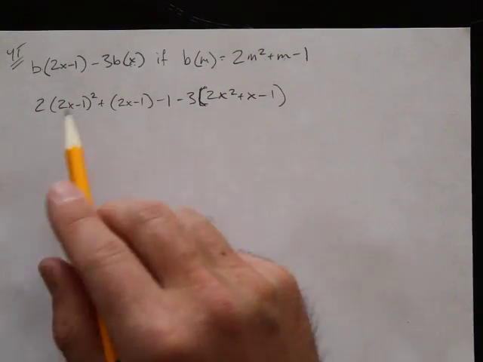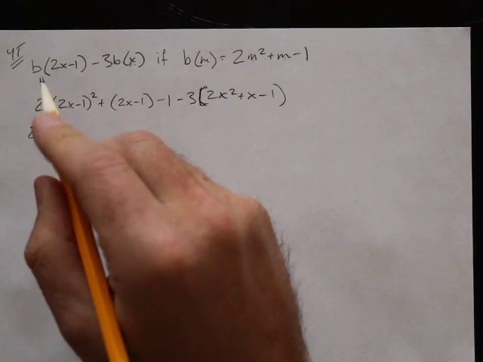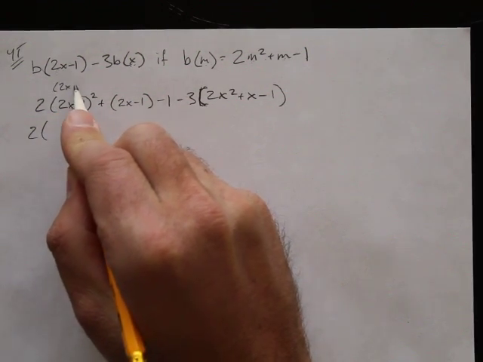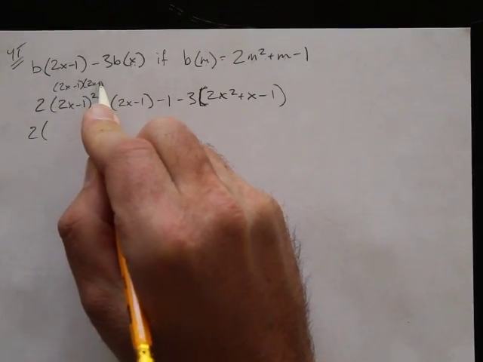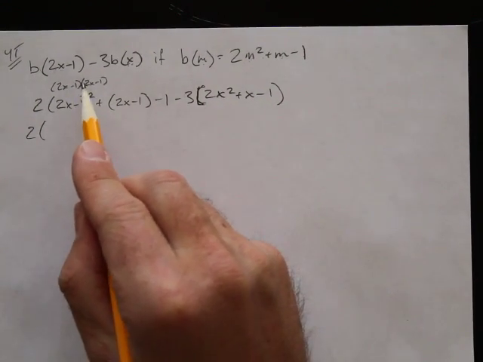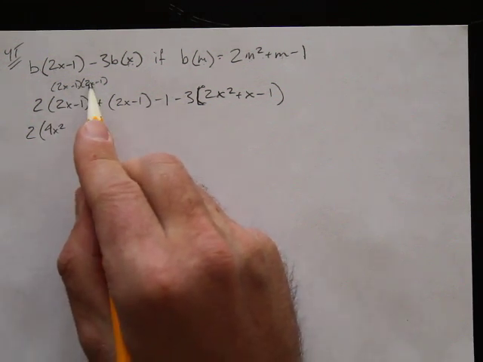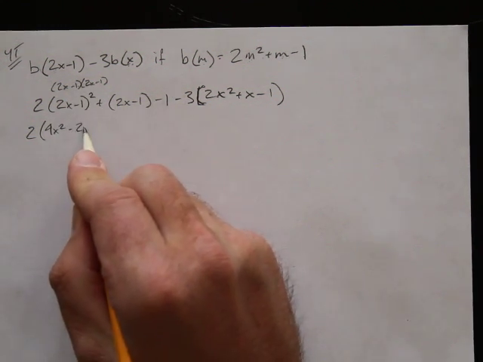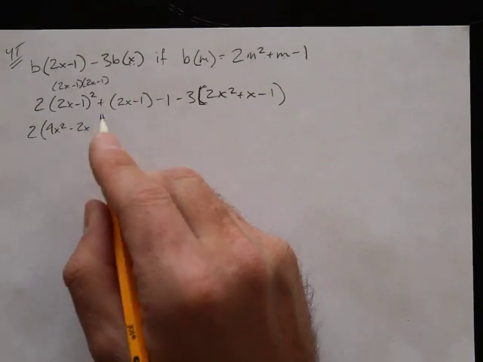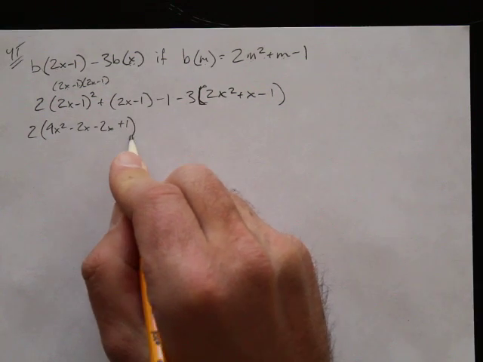So now I just need to simplify all of this. 2 times, this is 2x minus 1 times 2x minus 1. So I'm just going to do that right here. 2x times 2x is 4x squared. Negative 1 times 2x is negative 2x. 2x times negative 1 is negative 2x. Negative 1 times negative 1 is positive 1.